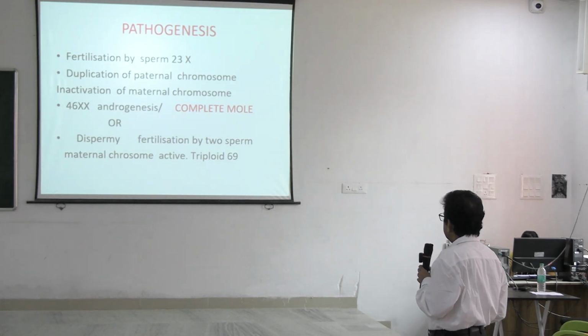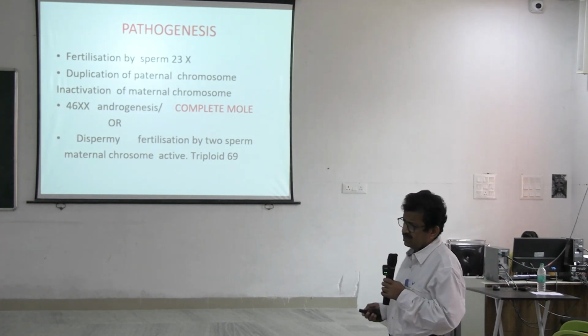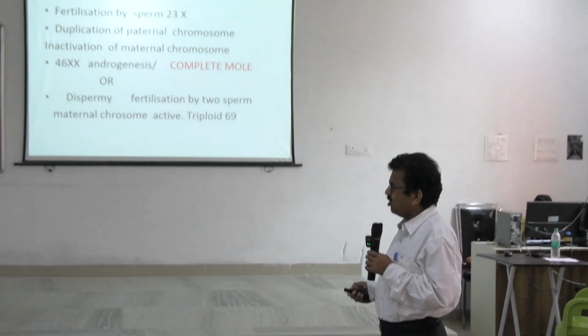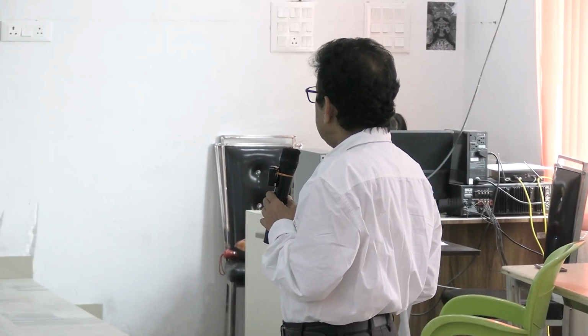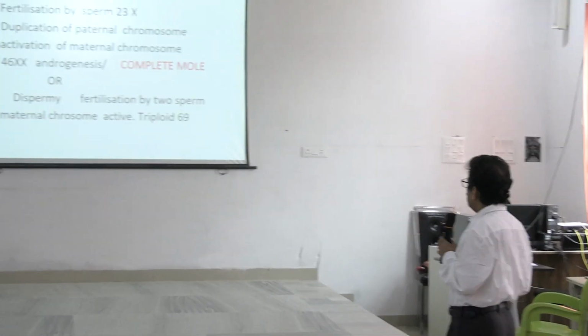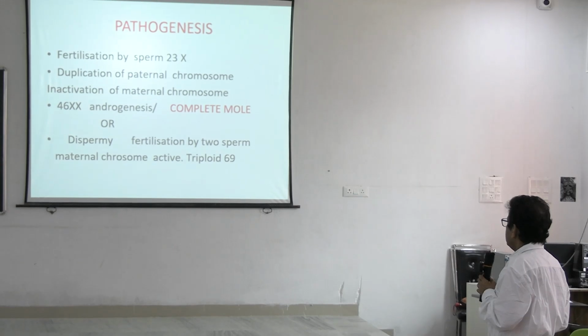So then why is it 46? Because of duplication of the paternal chromosome. So where does the maternal 23X go? That is either inactivated or not found. Because of the absence of 23X from the maternal side, only the paternal chromosome undergoes duplication, giving rise to 46XX.